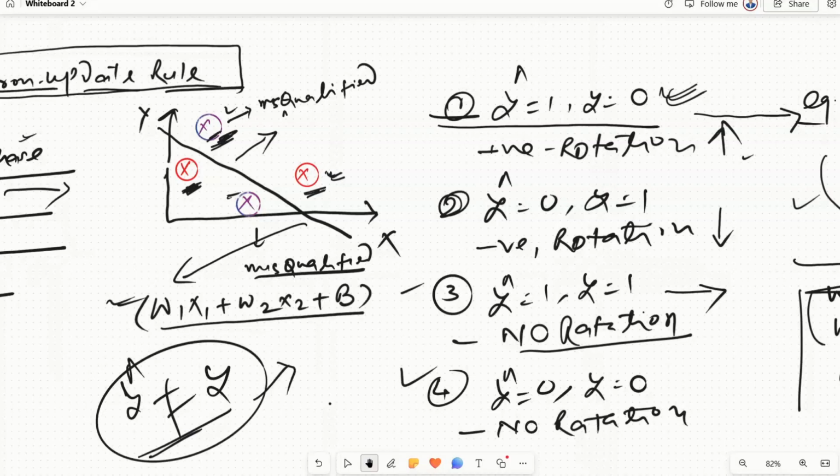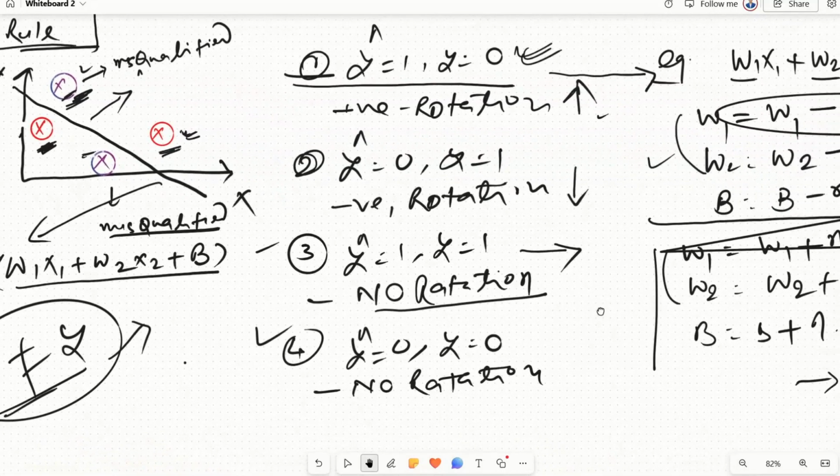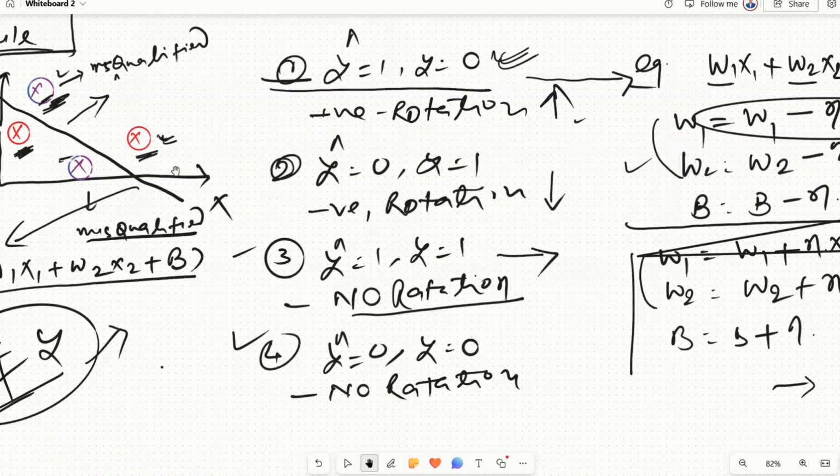According to these two, we have two cases. One case is when my y prediction, I mean the points, are above the line but should be below the line. Or second case, when the points are below the line but should actually be above the line. These are the only two cases possible when your points are misclassified, right? So I have four cases now. The first case, y predict and y not matching.